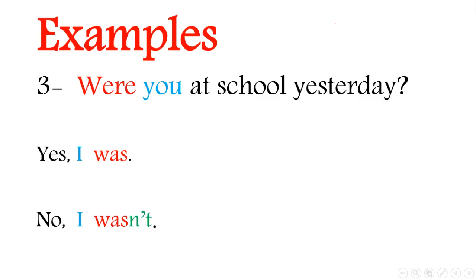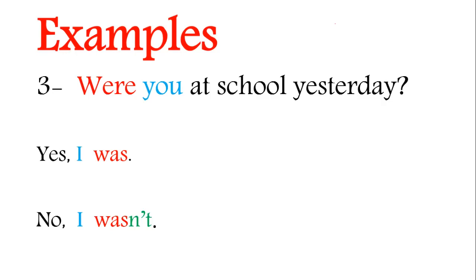I can't say yes, I were. Why? Because we said before that we use was with I, not were. Yes, I was. So here we change you to I, and also we change were to was.